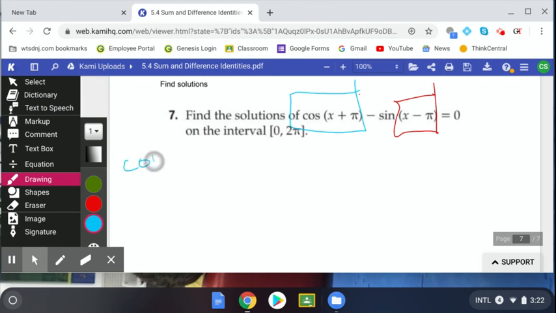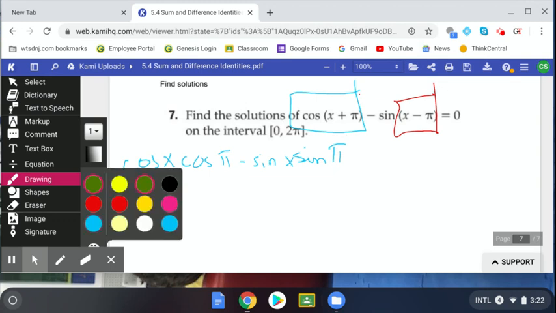Cosine of the first, cosine of the second, minus sine of the first, sine of the second. And now I am going to do minus. And now I'm going to do the red, and let me put parentheses here to make sure.